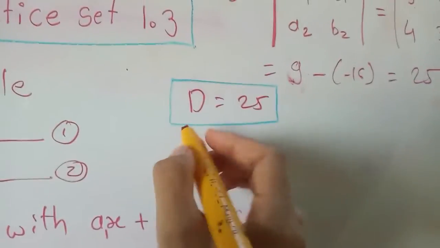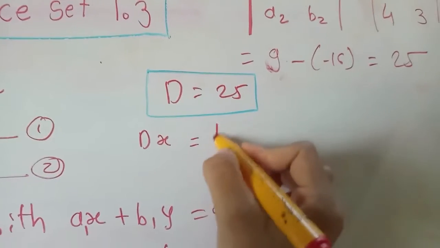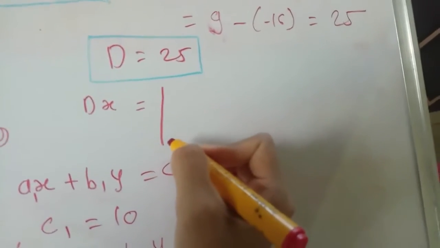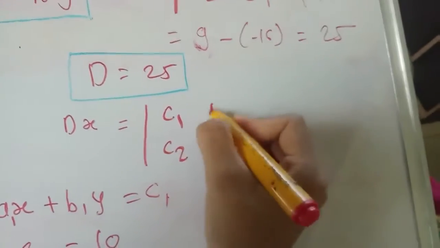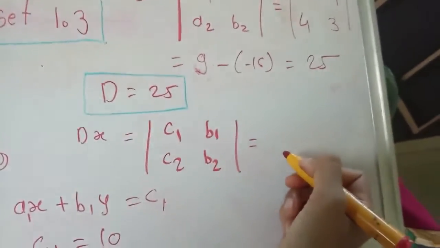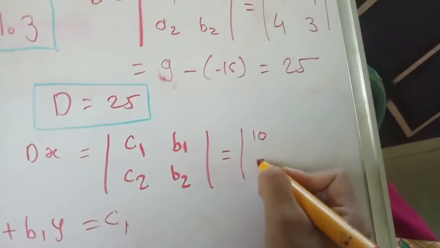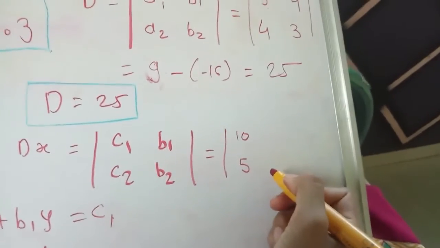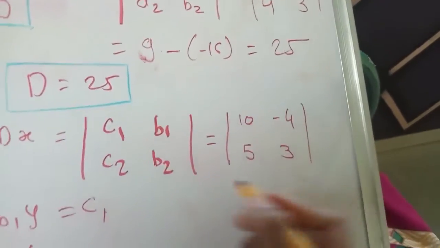So second, find dx. So dx is equal to determinant of c1, c2, b1, b2. So c1 is 10, c2 is 5. Then b1 is -4 and b2 is 3.